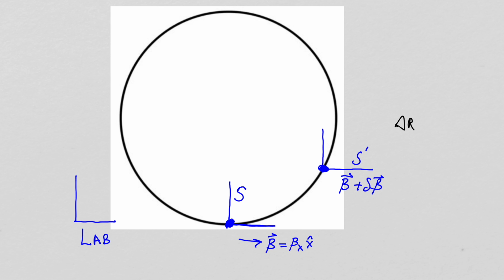If you were just sitting here in the electron's frame, you just have a little delta B, right? You've got a delta boost going on, and it's a pure boost, so there's no rotation.